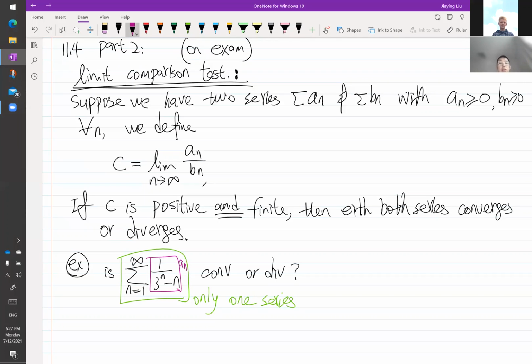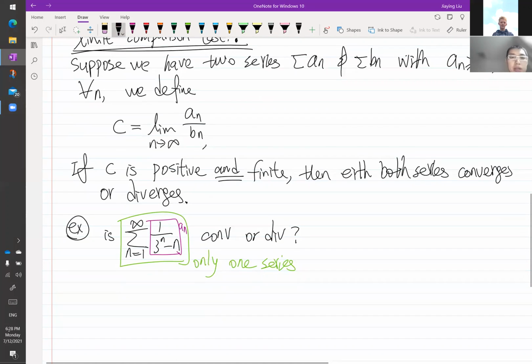If you only have one series, you cannot define a ratio C because you don't have a second series. So you cannot apply this limit comparison test. If you want to use this test, you have to pick another series and use it with this one.